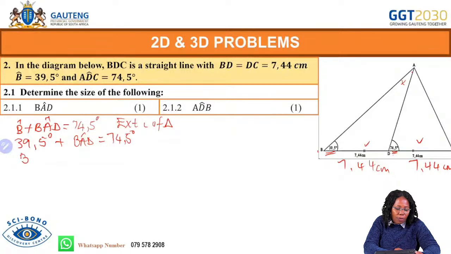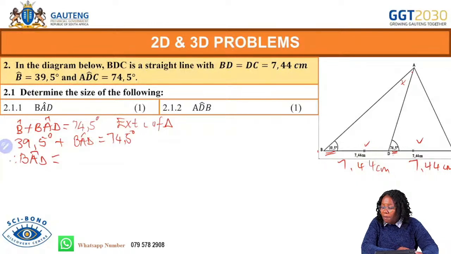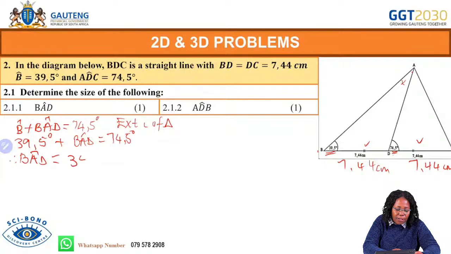So therefore, angle BAD will be equal to 74,5 minus 39,5, which is 35 degrees. Rounding off to the nearest degree, it will be 35 degrees. That is the solution for number 1.